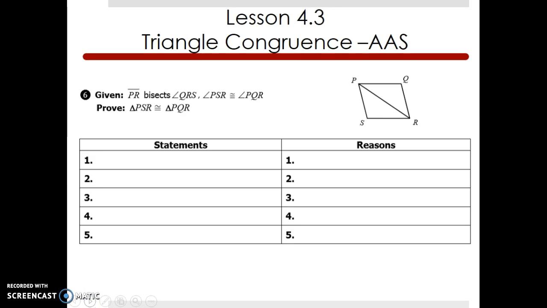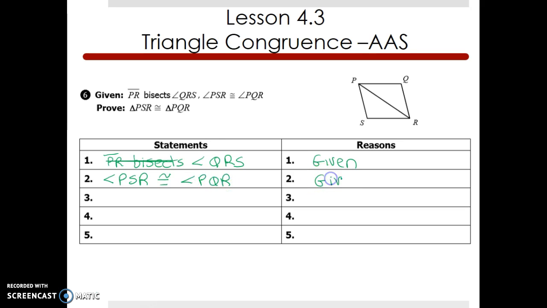Next example, as always, I'm going to start with writing my givens and marking up my diagram. So, PR bisects angle QRS, given, and angle PSR is congruent to angle PQR.